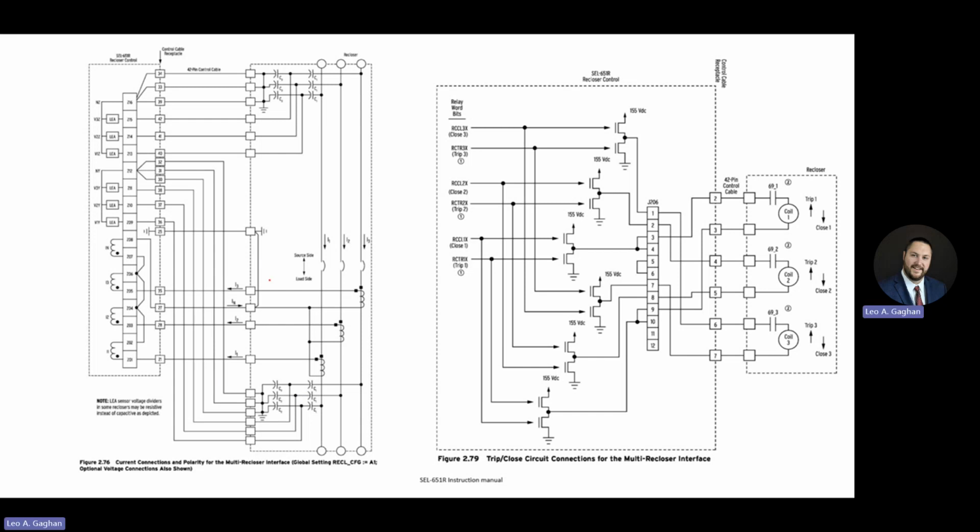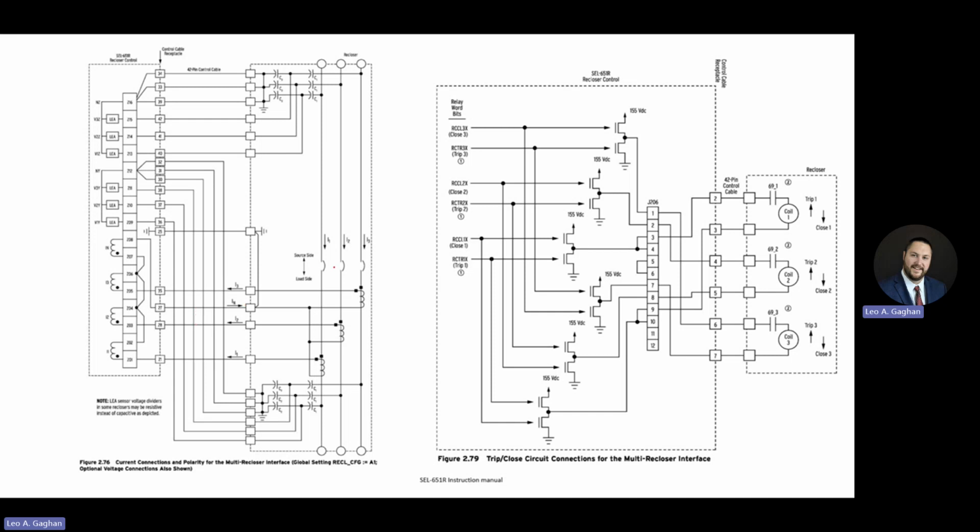which is convenient. We haven't gotten into it a lot, but you can use that for things like sync check, reclosing supervisions like live line, dead bus, dead line, live bus, all of those things. And then we've got our CTs right here. It's bringing our current into our relay.